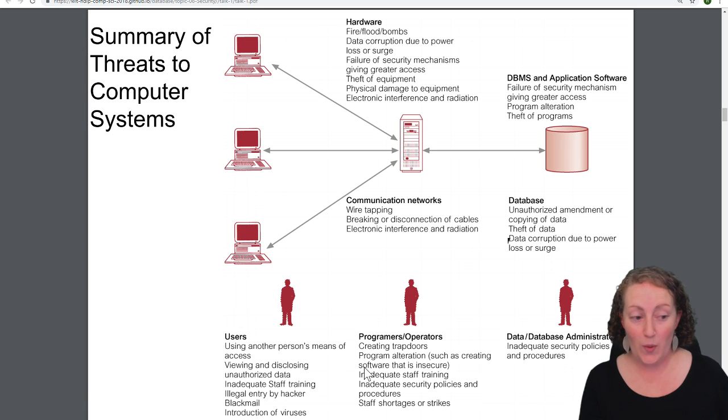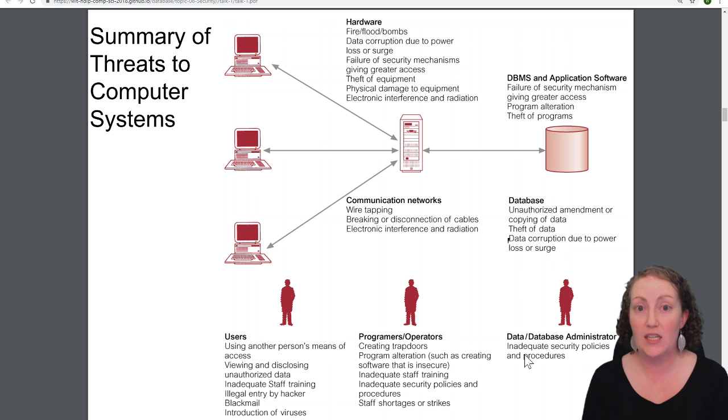So hiring policies probably need to be considered as well as staff training and so on. The database administrator should be taking all of that into account as they're coming up with policies and procedures for use of the database. That might be things like setting a password policy for users, and those kinds of things.